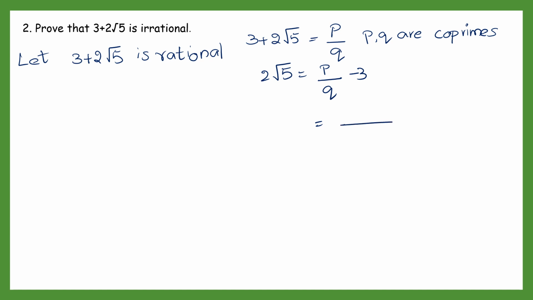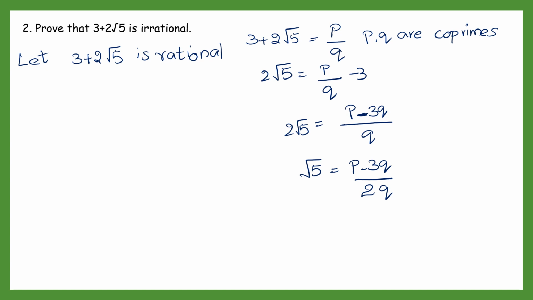If you take q as LCM, you get p minus 3q at the numerator. 2 root 5 is equal to p minus 3q by q, so root 5 is equal to p minus 3q by 2q.